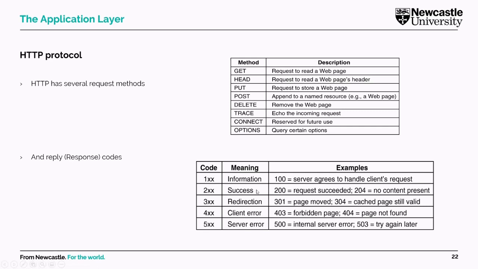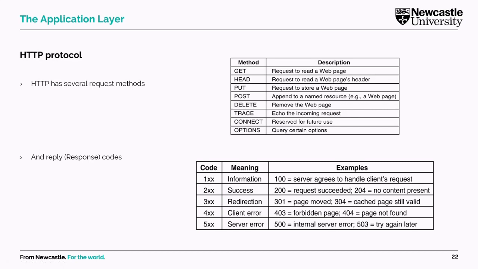On the bottom, we see some examples of responses that web servers can make, and these are usually put into different categories based on their code. So we have codes in the 100s, 200s, 300s, 400s, 500s.